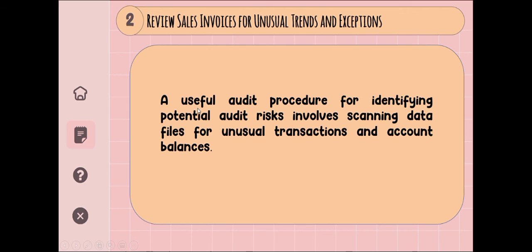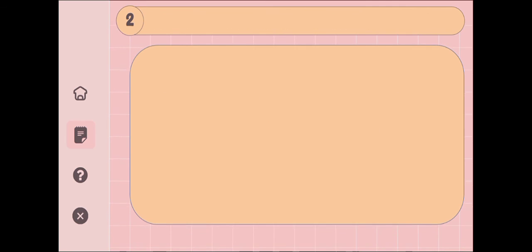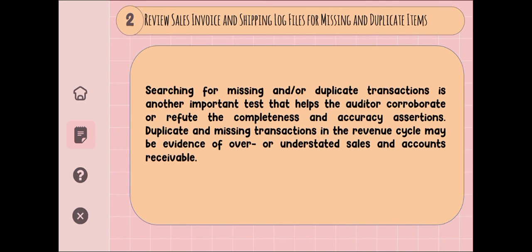So the first one, for example, scanning accounts receivable for excessively large balances may indicate that the organization's credit policy is being improperly applied. Thus, the auditor can use the ACL stratify feature to identify such anomalies. The second one, duplicate sales invoice records may indicate a computer program error that materially overstates sales and accounts receivable.